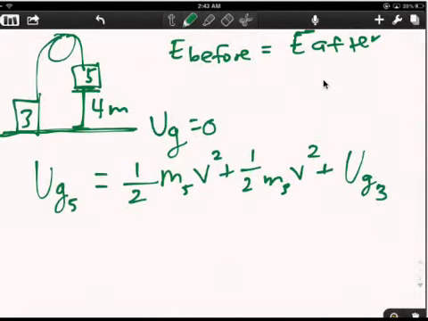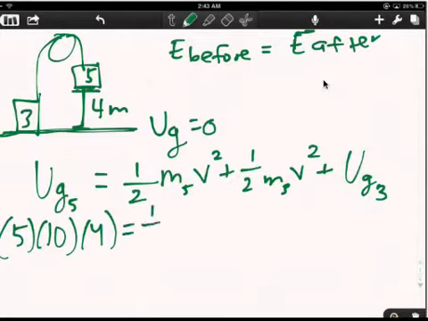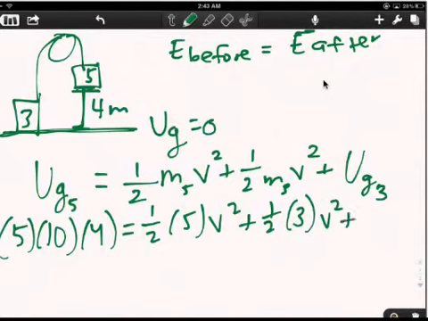Now if we plug in, we get 5 times 10 times 4 meters high equals 1/2 times 5v squared plus 1/2 times 3v squared plus mg, and now it's going to go up 4 as well.